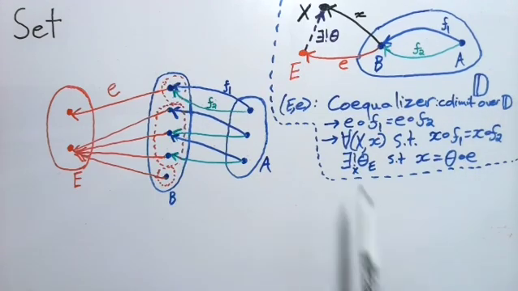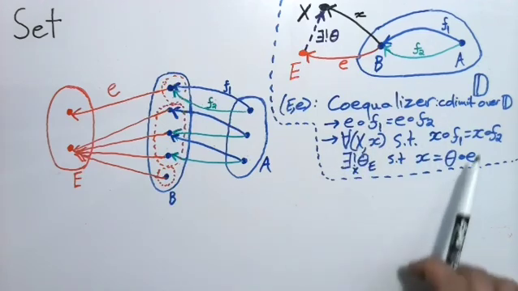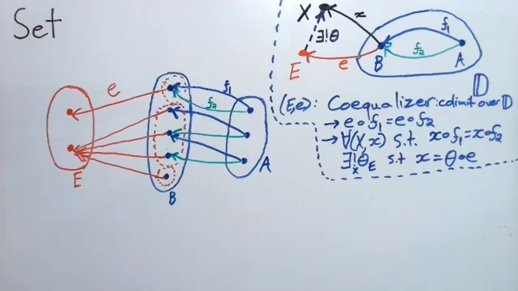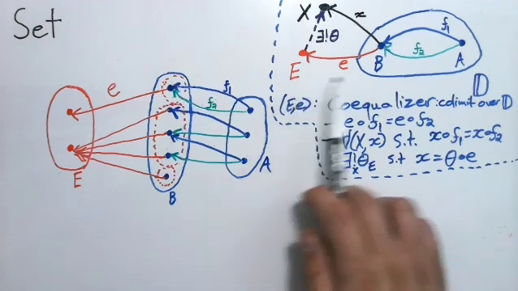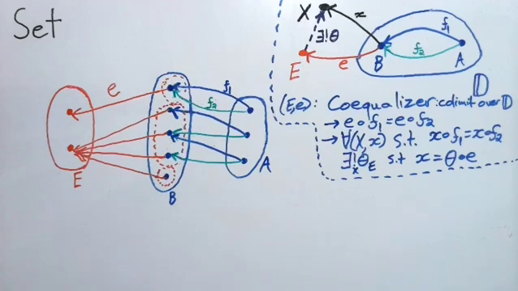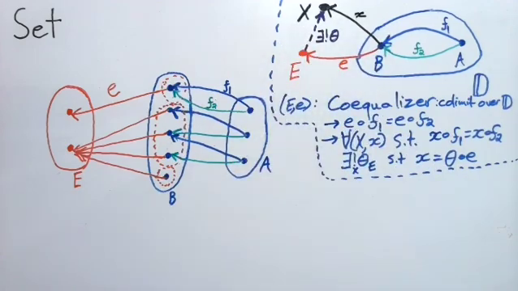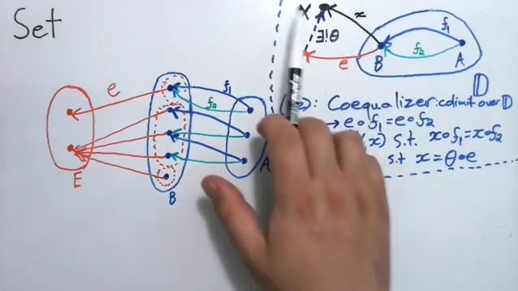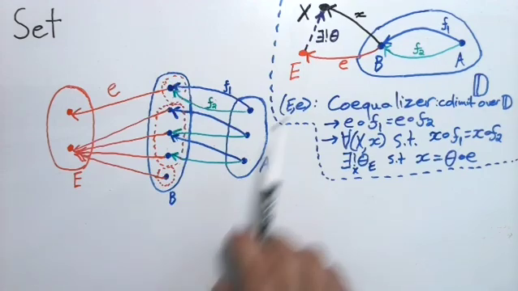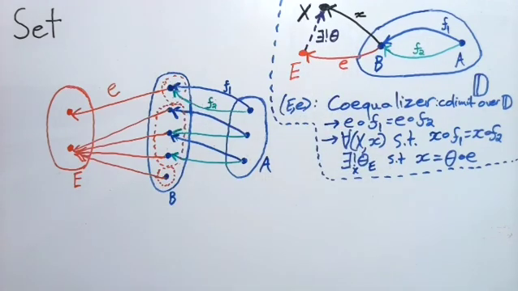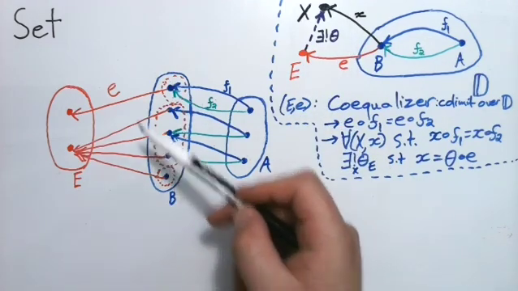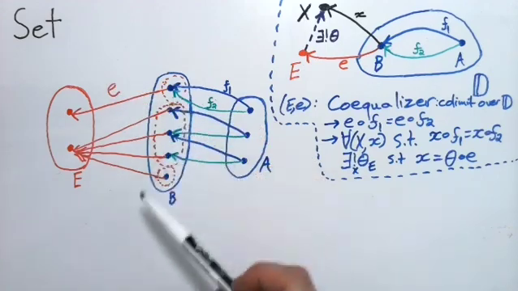So now, in order to find a coequalizer, we need to find a cocone that also satisfies this co-universality property. So again, if E is our potential coequalizer that we're looking for, then we need to have that for any other cocone, X. And what would it mean for X to also be a cocone? Well, it means that x, the function, also needs to be constant on all of these equivalence classes, right?